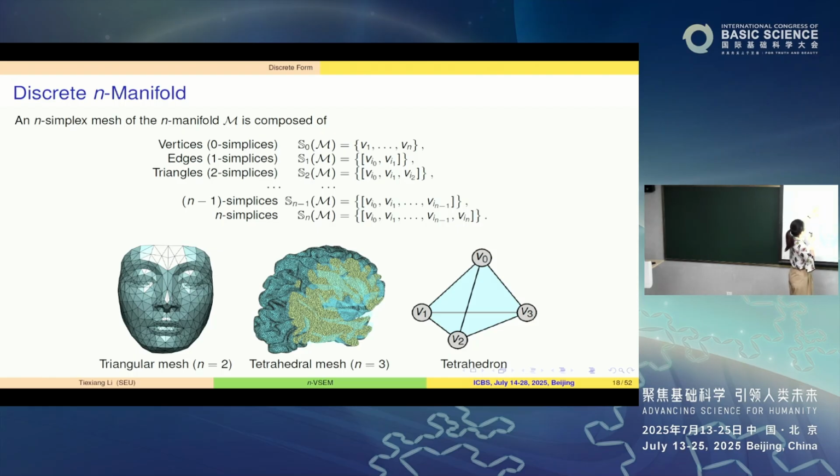In the discrete way, M is composed of vertices, edges, triangles, and so on, up to the n-simplices. Here we have figures for the 2D and 3D examples to show the discrete mesh.